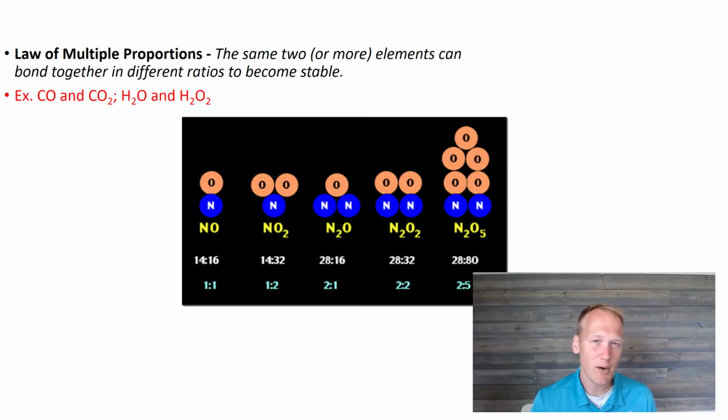So for instance, carbon and oxygen, the most common molecule that they make is carbon dioxide, but they can also make carbon monoxide. And hydrogen and oxygen can make H2O, but they also make hydrogen peroxide, which is H2O2. Nitrogen and oxygen make all kinds of different molecules. Because of this, sometimes the percent composition isn't straightforward and doesn't tell you exactly what the ratio is between those two elements. It's just something to think about that is possible.